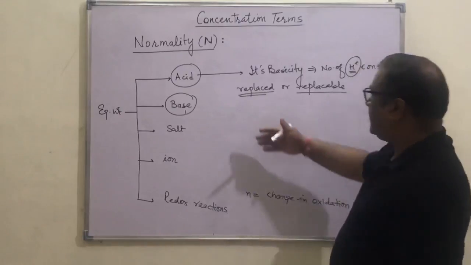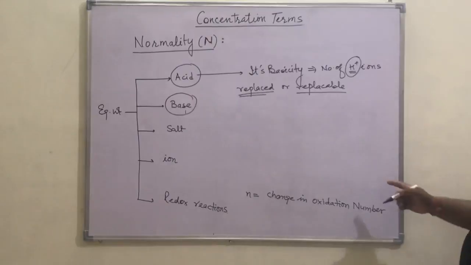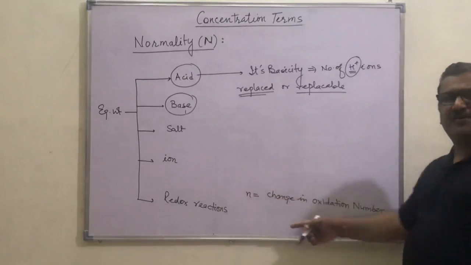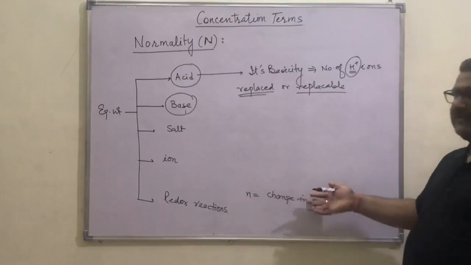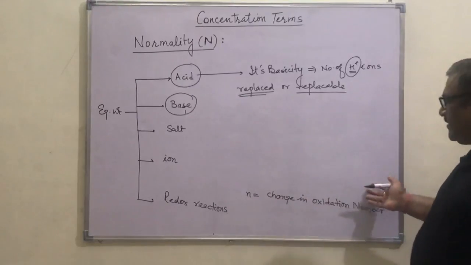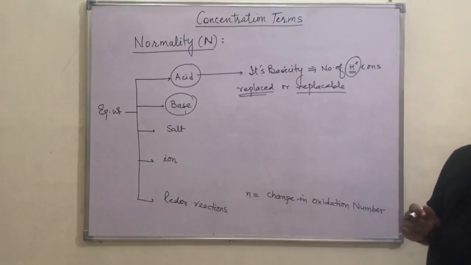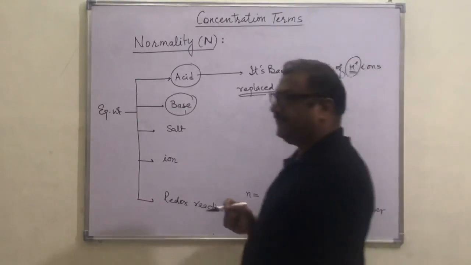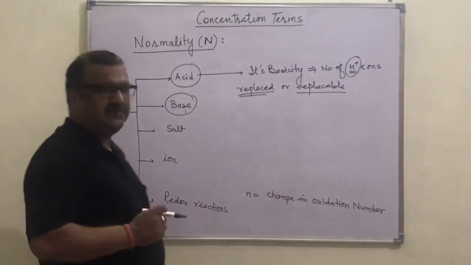So in that case we can calculate the value of N very easily. Only in the case of stoichiometric questions, redox reactions, there will be a wide discussion on how to calculate the change in oxidation number, how to calculate the N factor. This we will deal with in detail. Okay?